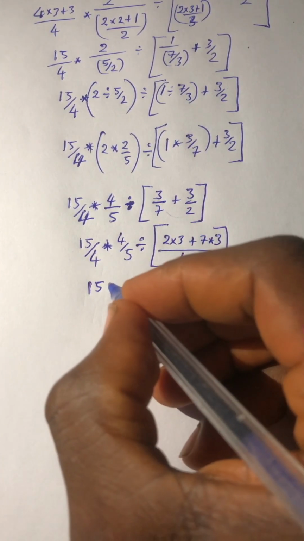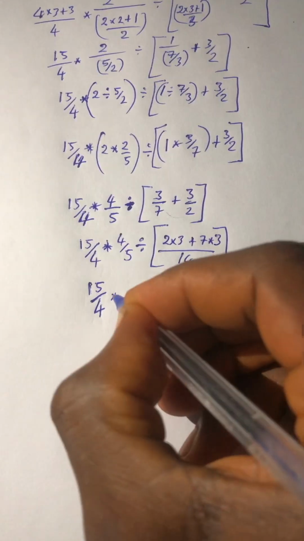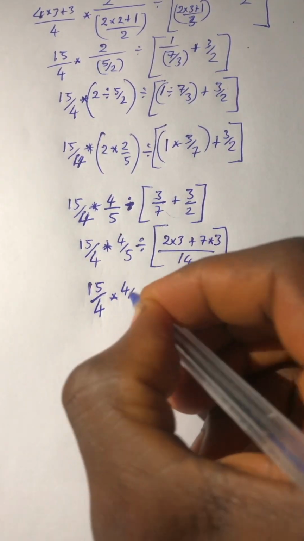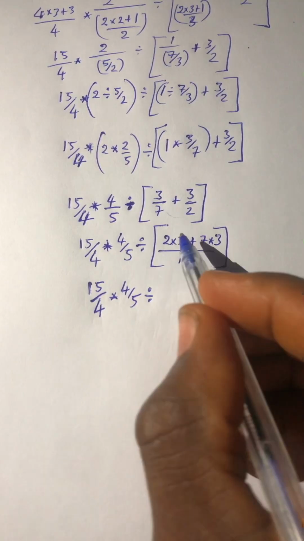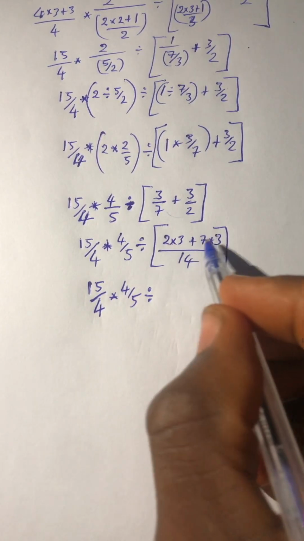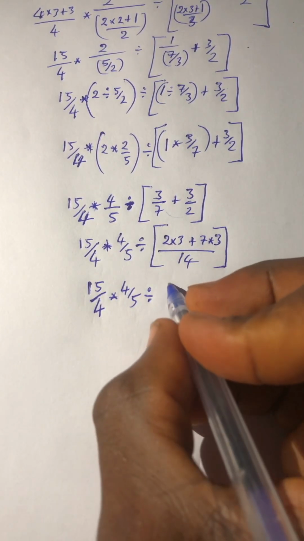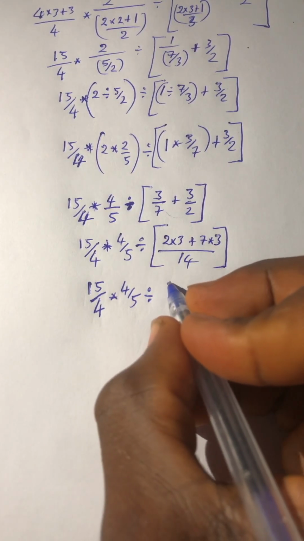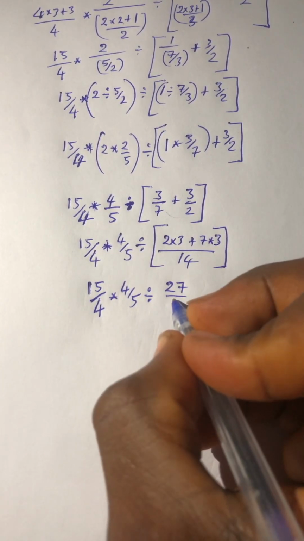15 divided by 4 times 4 over 5 divided by, this is 6 and this is 21, so it becomes 27 over 14.